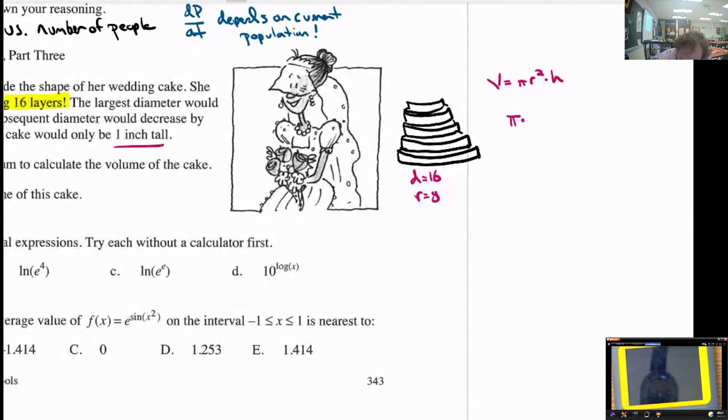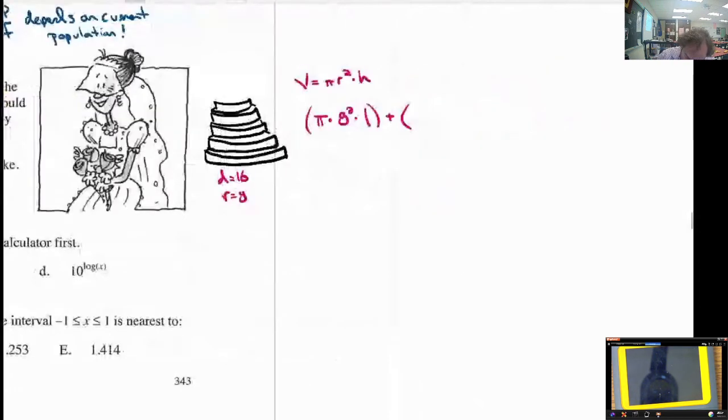That's the first one. Now the next one, the diameter decreases by 1 inch, so the radius is decreasing by half of an inch. So the next one is going to be pi times 7.5 squared times 1, sorry. The next one is going to be pi times 7 squared times 1.